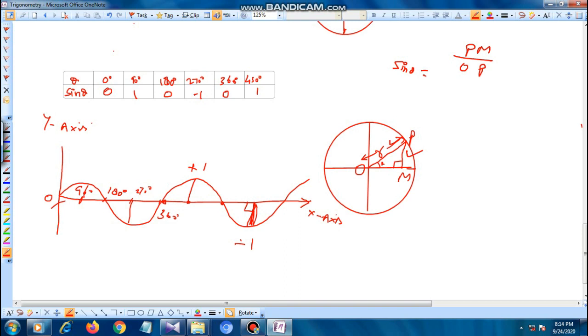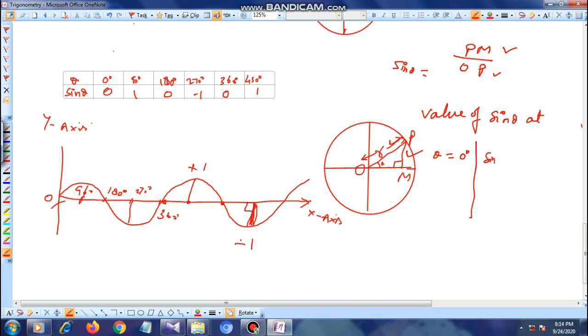So sin theta equals perpendicular upon OP. Now substitute the value of sin theta at theta equal to 0 degree.